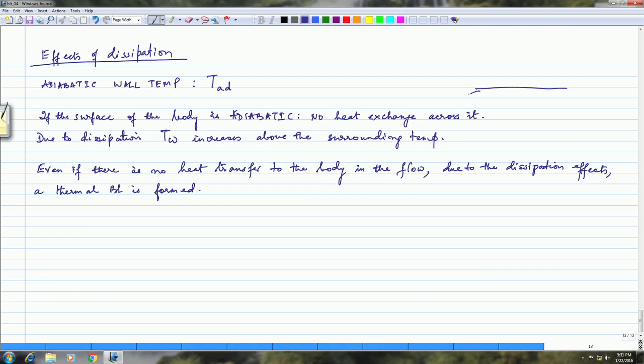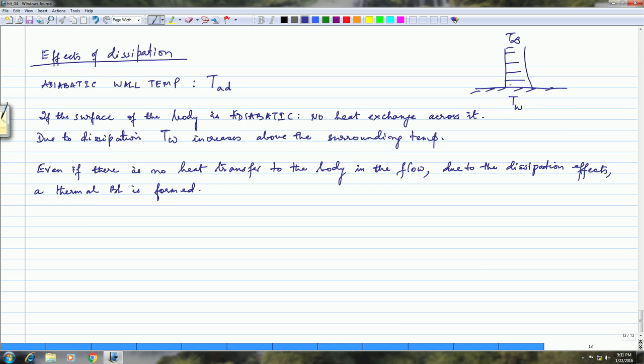And because of that, since the wall temperature increases, there is a thermal boundary layer, because the temperature at the wall is this, and then that decreases and this becomes T free stream.